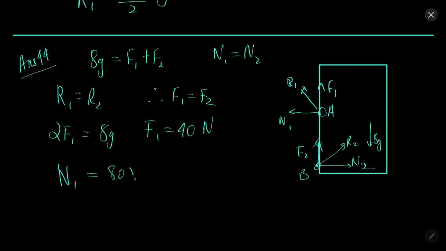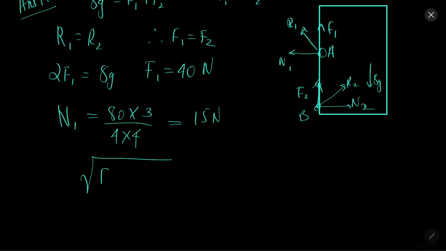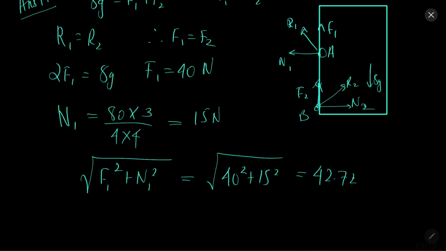So therefore we can easily find all the values. F is 40 Newton and N is 15 Newton. So resultant will be the square root of F1 square plus N1 square. It will come out to be 40 square plus 15 square under the root, that is 42.72 Newton.